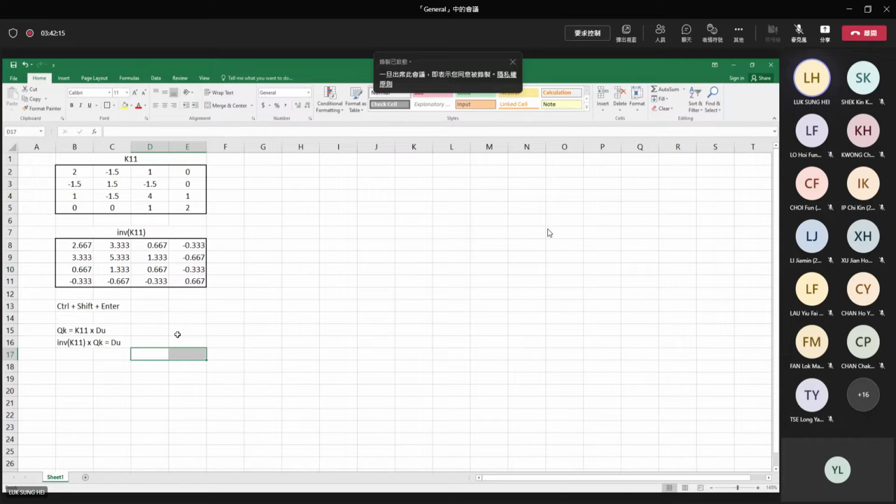So similarly, if you know the inverse matrix K1, you can change the equation a little bit. Inverse matrix K1 times QK equal to unknown displacement, right? So we know the inverse matrix.